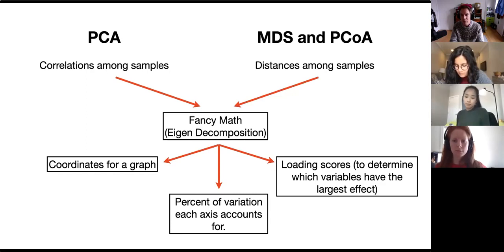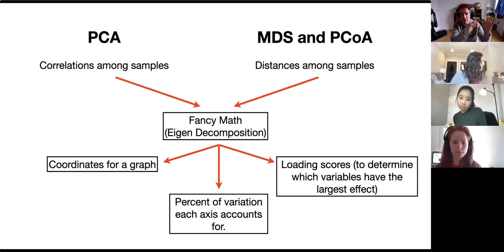With MDS and principal coordinate analysis, the only difference is that we can select different distances. So if you understand PCA, just know that the only difference with multidimensional scaling is that instead of using the Euclidean distance, we're using the Manhattan distance, or this log fold change distance, or whatever kind of arbitrary distance we want to use.